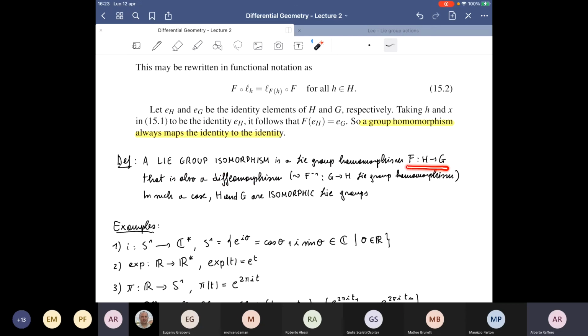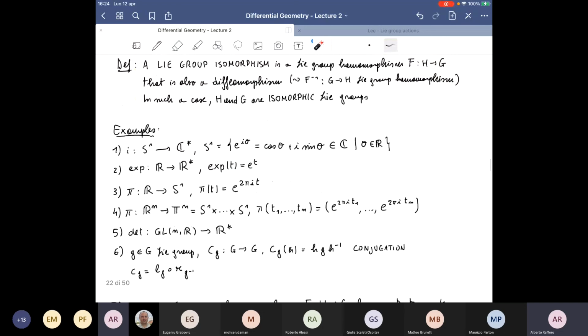The fact that it is a diffeomorphism means that it has a smooth inverse, and using the fact that it is also a group homomorphism allows you to show that the inverse is also a Lie group homomorphism. So the inverse is not only a smooth map, but a homomorphism between the two groups. Whenever you have a Lie group isomorphism, you say that the two Lie groups are isomorphic as Lie groups, which means that in this sense they are equivalent. We shall see some examples of isomorphic Lie groups later.